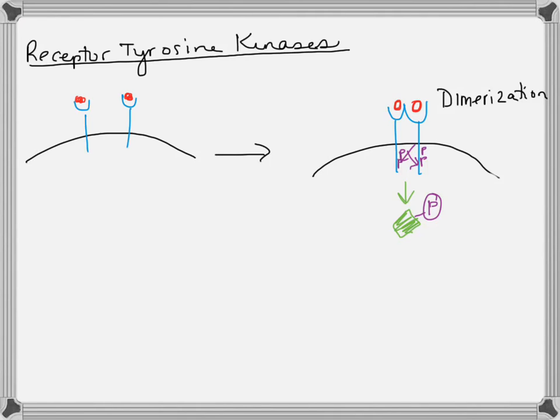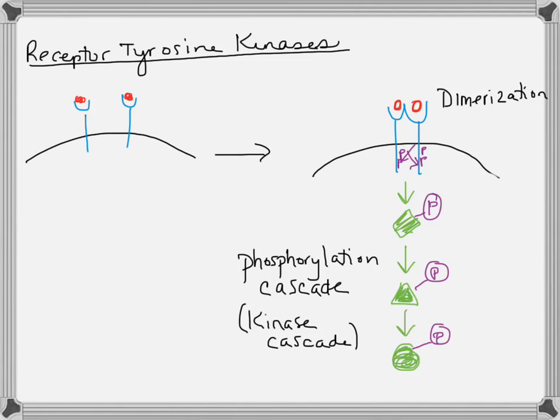And again, the phosphorylation leads to the activation of an intracellular protein that can then lead to the phosphorylation and activation of another protein within the cell. That can lead to the phosphorylation and the activation of another protein within the cell. And again, these are a series of kinase reactions that are occurring, or phosphorylation reactions. And we call these reactions that occur consecutively a phosphorylation cascade or a kinase cascade, where one protein phosphorylates the next, which phosphorylates the next, etc., etc., etc.